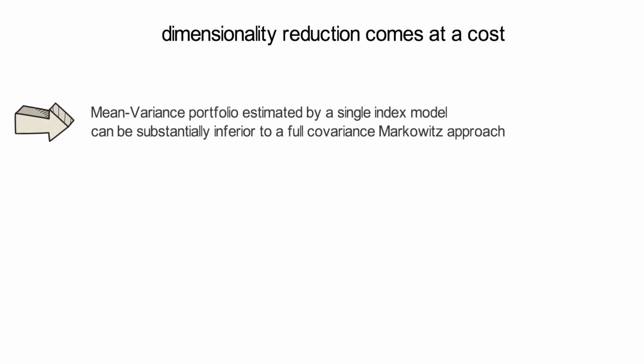But as expected, a dimensionality reduction of that size comes potentially at a cost. The mean variance portfolio with mu hat and sigma hat being estimated by a single index model can be substantially inferior to a full covariance and expected return estimate using sample data.